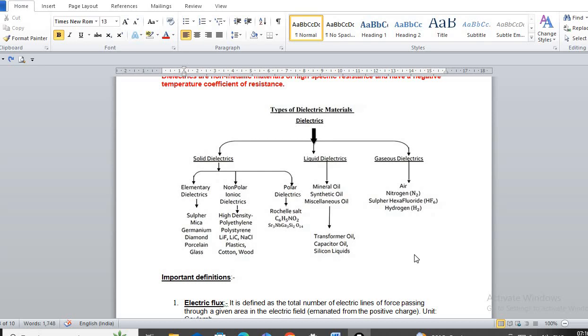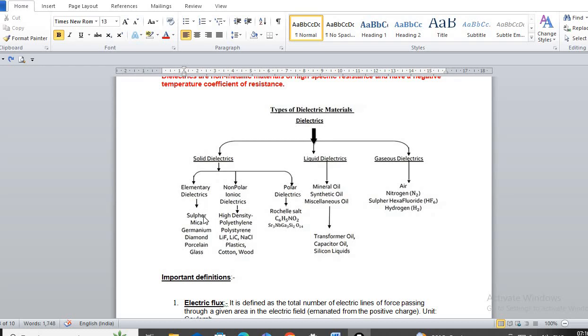Now the most important thing, the types of dielectric materials. There are three states available in normal engineering sciences: solid, liquid and gaseous. For the solid, we have just mentioned there will be polar and non-polar types. There is a possibility that simple elements will behave as dielectric materials. There may be non-polar dielectric material, there may be polar dielectric material.